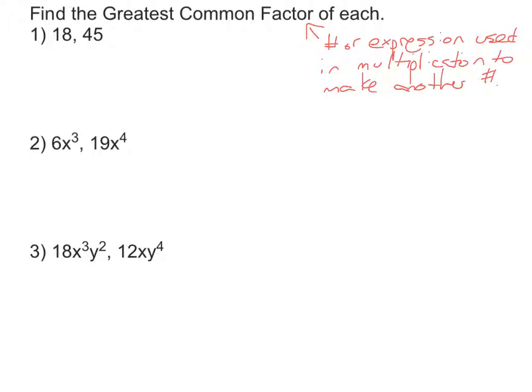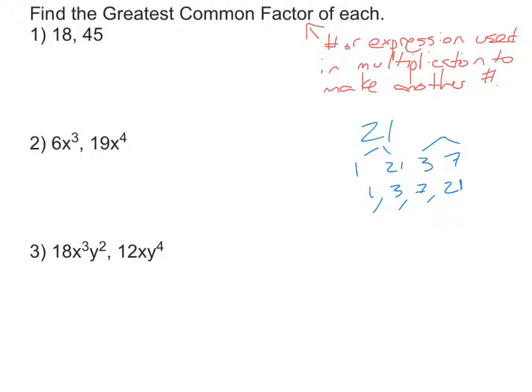So for instance, if I take the number, let's say 21, the factors of 21, well, I can list that as 1 and 21, or 3 and 7, so the numbers 1, 3, 7, and 21 are factors of 21 because they can be used in a multiplication problem to make 21.